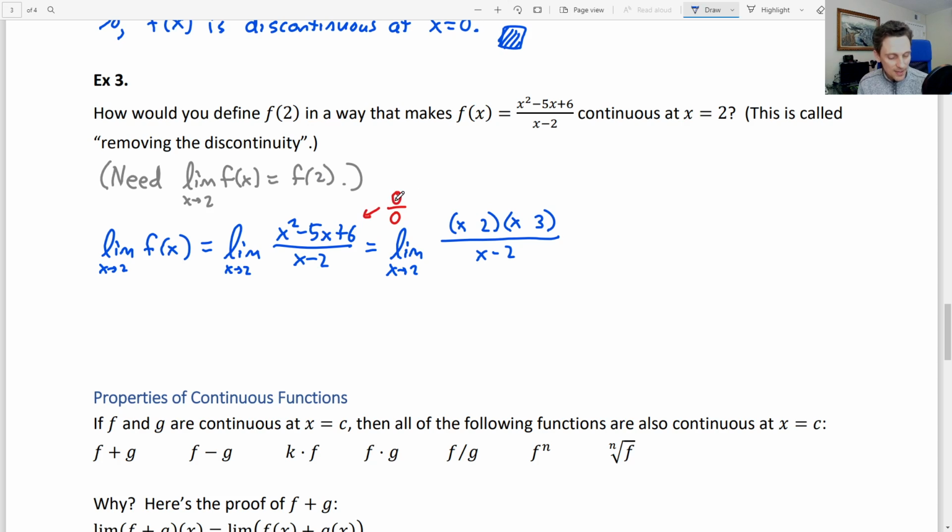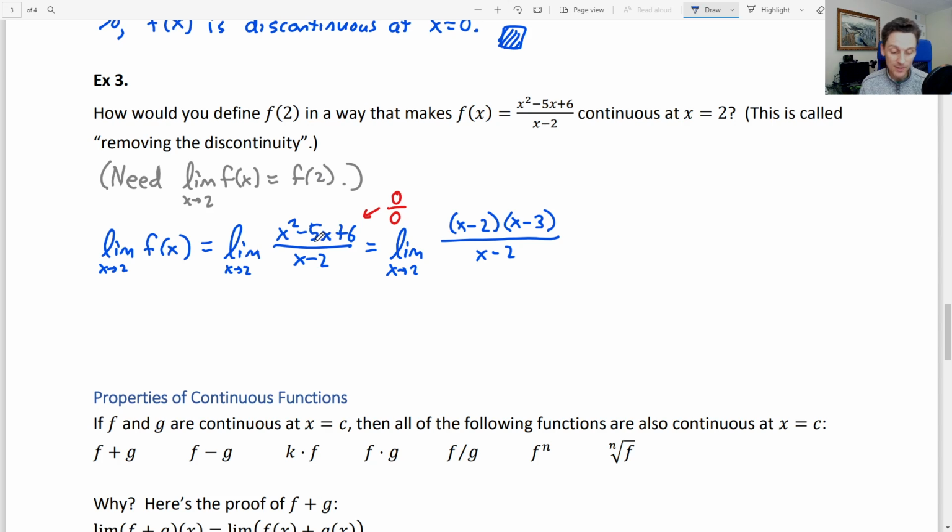Because the top is 0 at x equals 2, that gives us a clue that there's going to be a corresponding x minus 2 factor. So that can help you when you're factoring. It's kind of like a cheat in a way, because you know that when you plugged in 2, the top was 0.